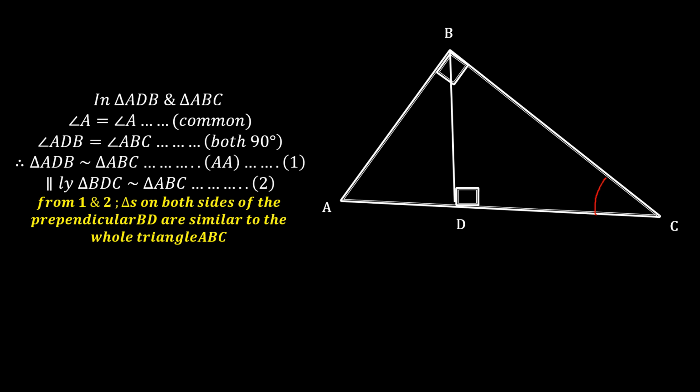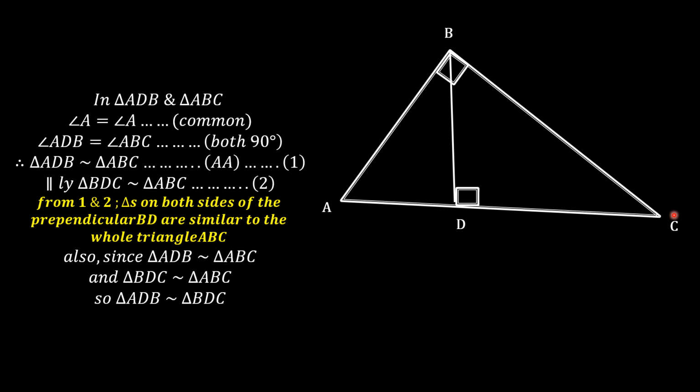Now also, since ABC is similar to BDC as well as ADB, ADB and BDC will also be similar. Since they are similar to the same triangle, they will be similar to one another also.